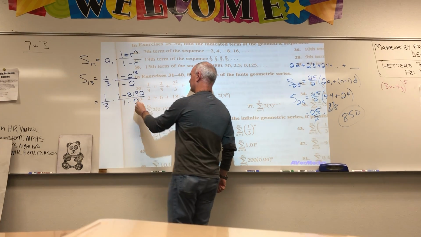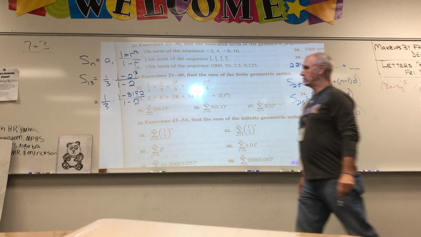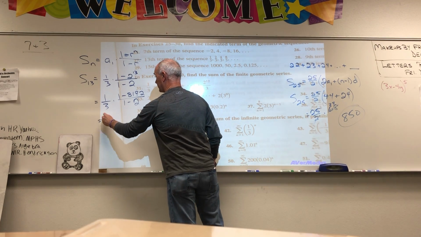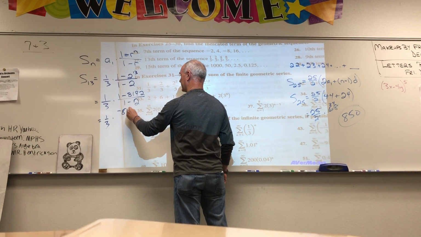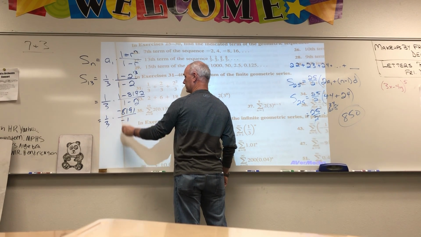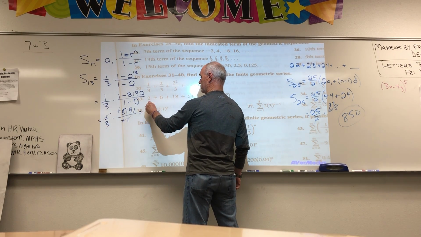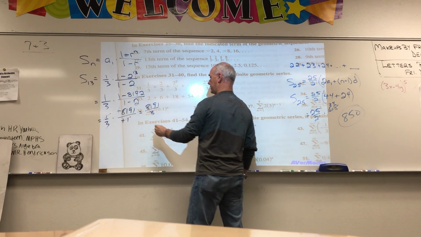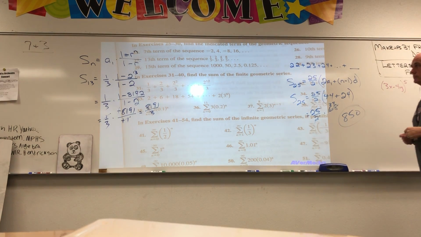So you can throw it in the calculator, that's fine. Negative 8191 over negative 1. The negatives cancel, the 1 doesn't matter, which gives us 8191 over 3, and 19. It doesn't simplify. So that's our sum.